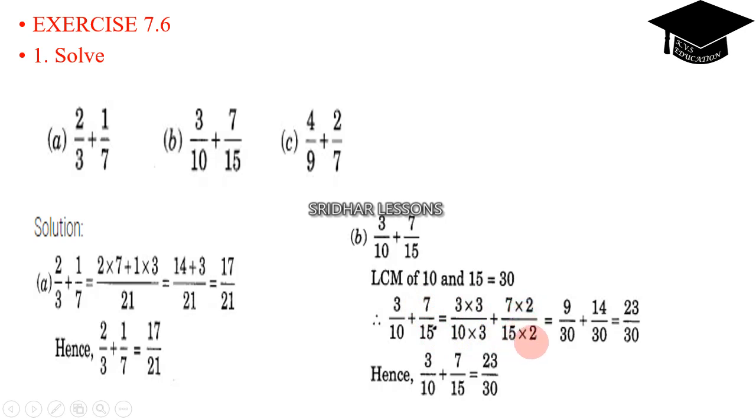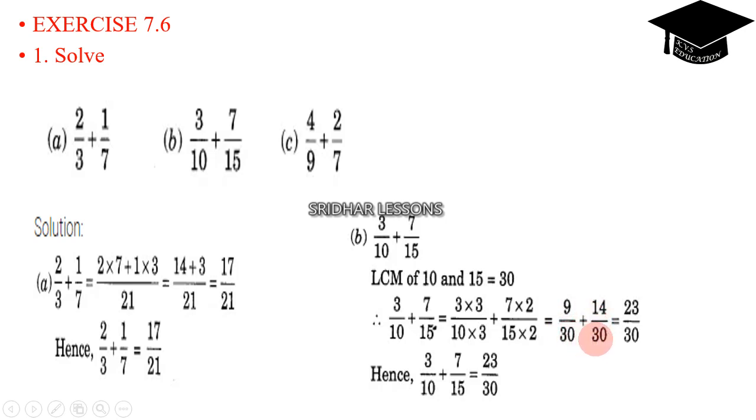What we have done is made the denominators equal, by multiplying 3 by 10 with 3 by 3 and 7 by 15 with 2 by 2, making it 9 by 30 plus 14 by 30.